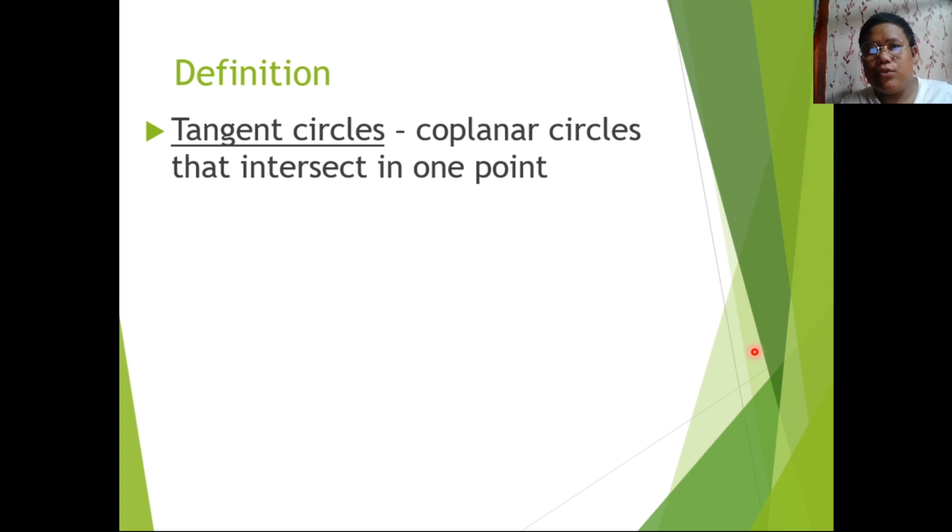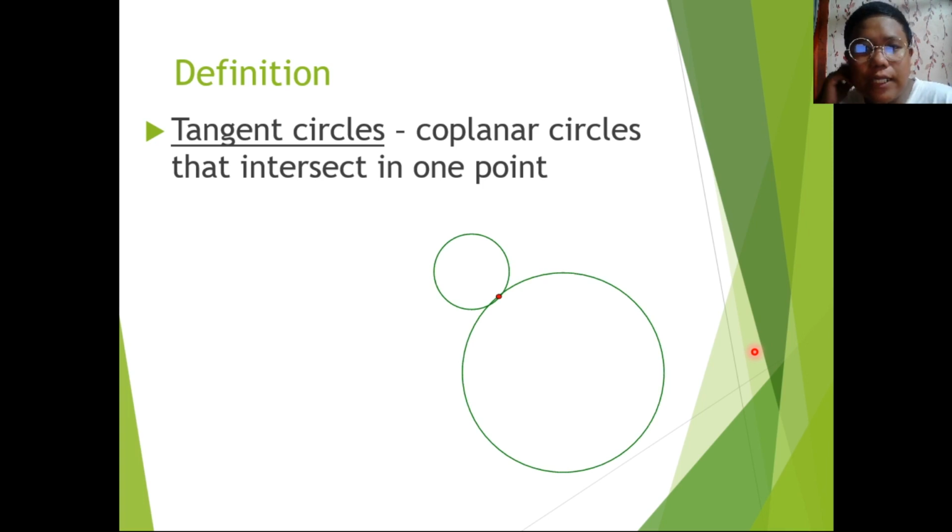Okay, so let's go now to the tangent circles. Tangent circles are coplanar circles that intersect in 1 point. So, tangent circles: coplanar circles that intersect in 1 point. This is the small circle and the big circle, and they are touching. They just touch, then intersect at 1 point, so they are called tangent circles.